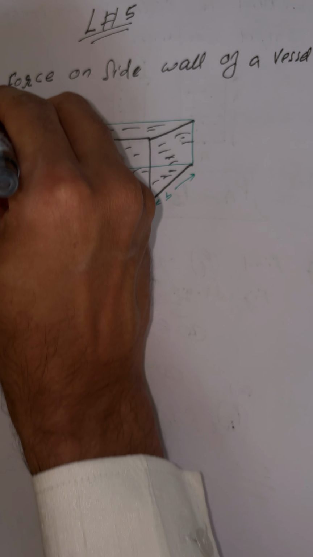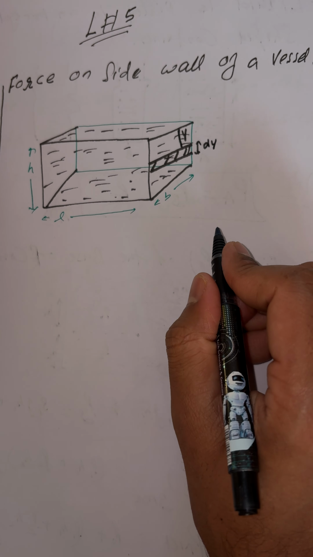For linear variation you have to move along a particular direction. So I'm moving along y, and students, I'll take an element dy. It's a 3D element, so just try to understand the things. So we have to move along y and take element dy. This is the element, dy.